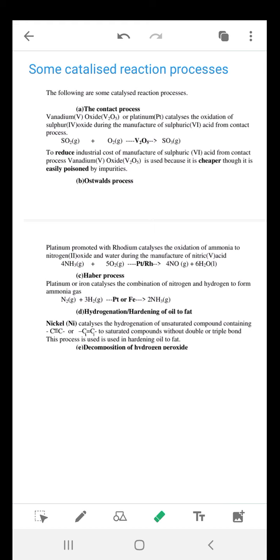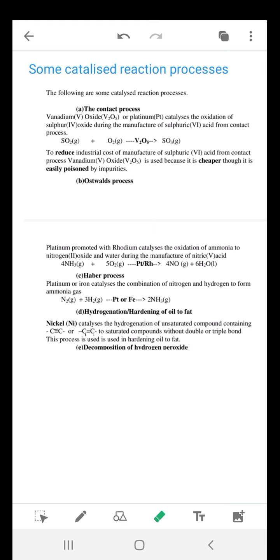One, it's cheap, and two, it does not contain any impurity, thus it's not easily poisoned.